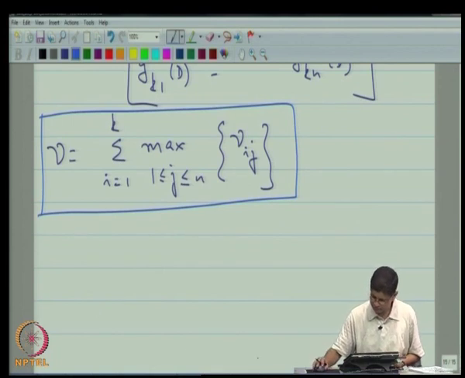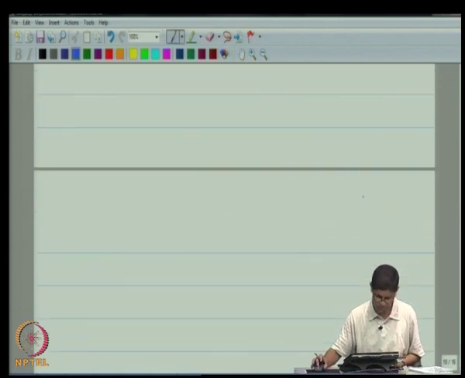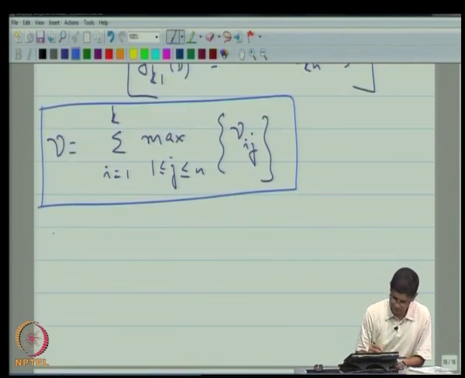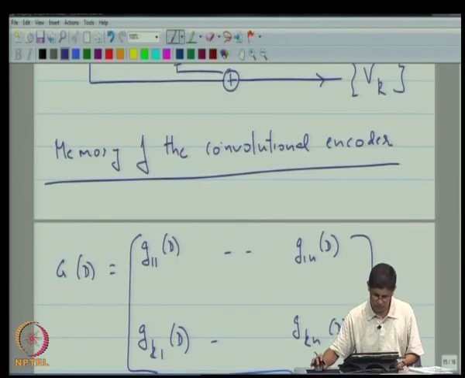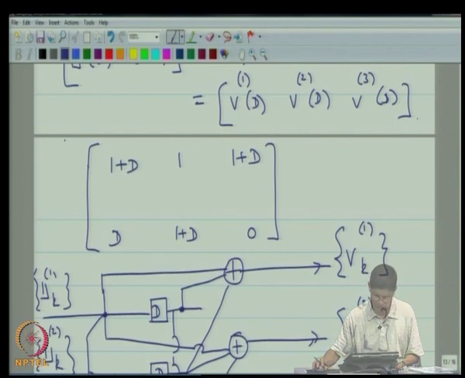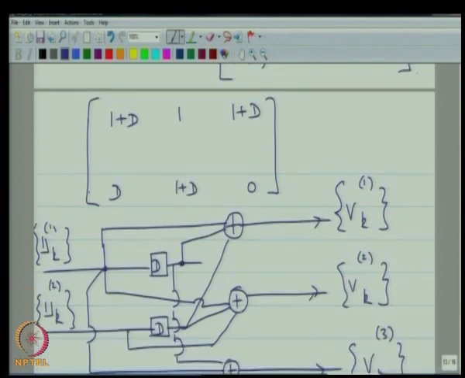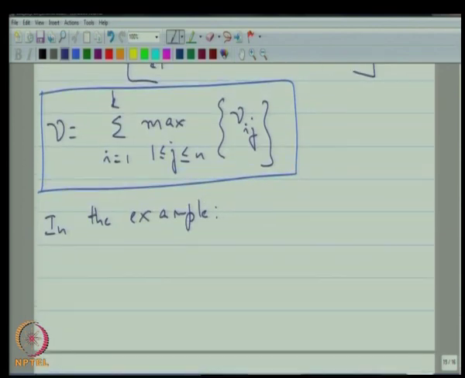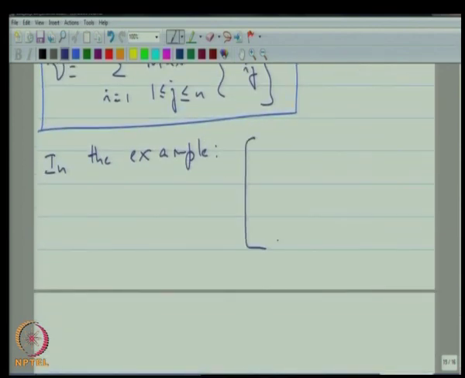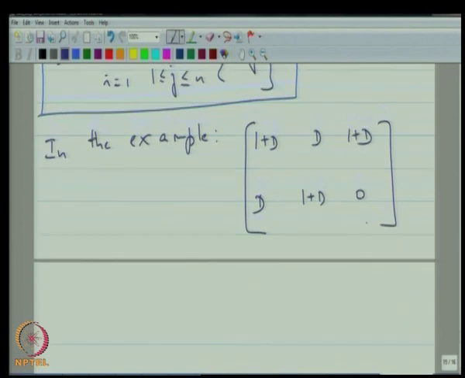In our example, we had 1 plus D, 1, 1 plus D, and then D, 1 plus D, 0.